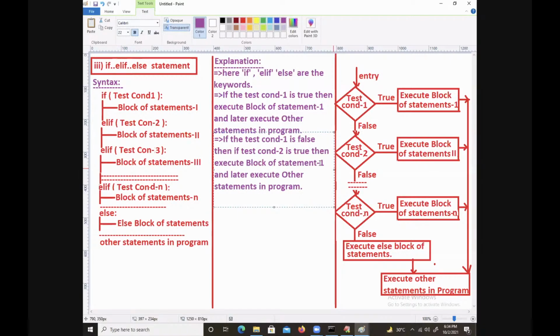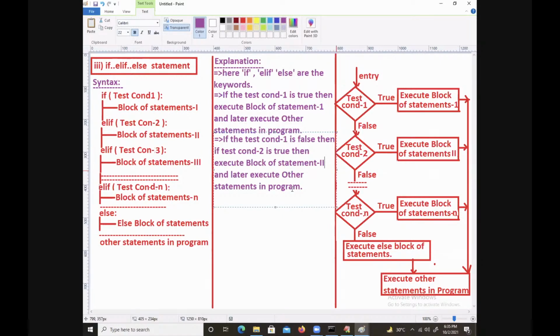Then execute block of statements 2, and later execute other statements in the program.